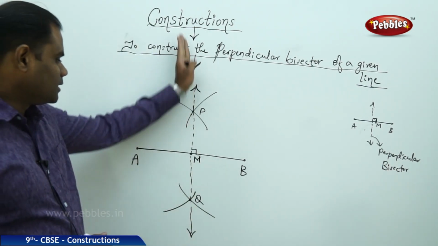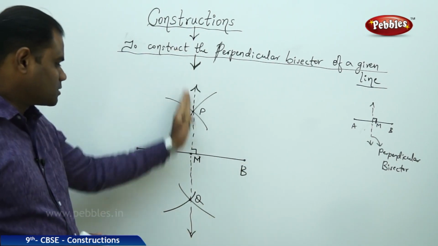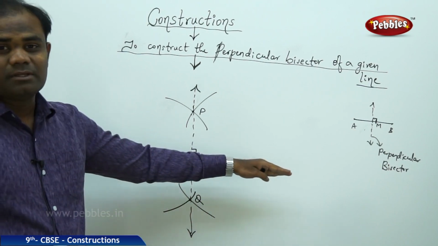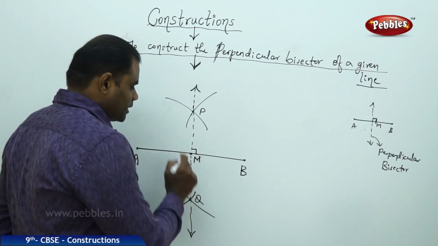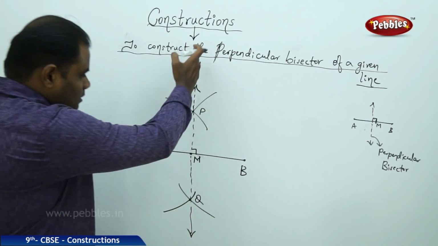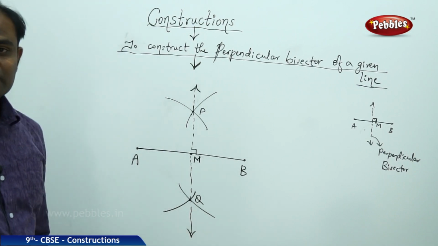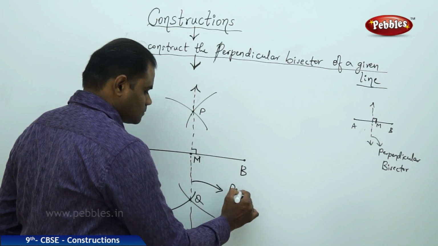So here we get a line which is exactly passing through the middle point of AB and which is perpendicular to the line AB, cutting at 90 degrees. Therefore, this line, which is obtained by taking the compass more than half and cutting the two arcs, is the perpendicular bisector.